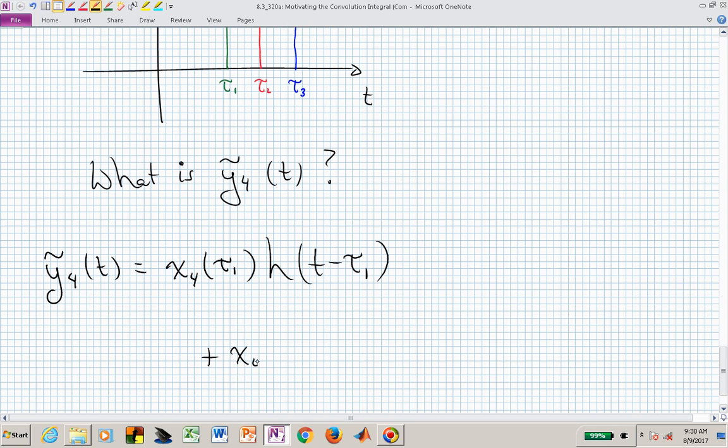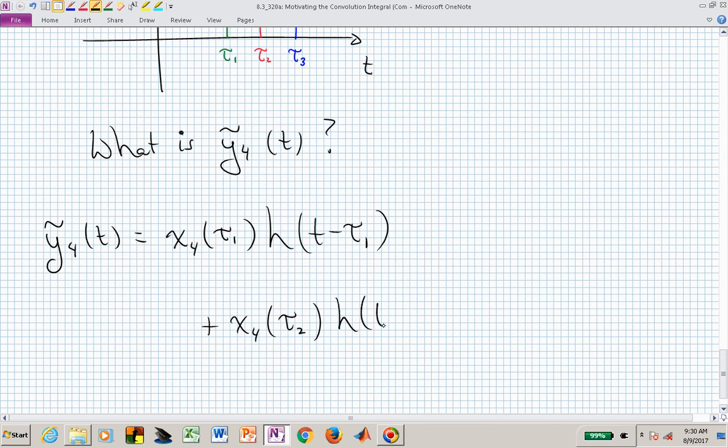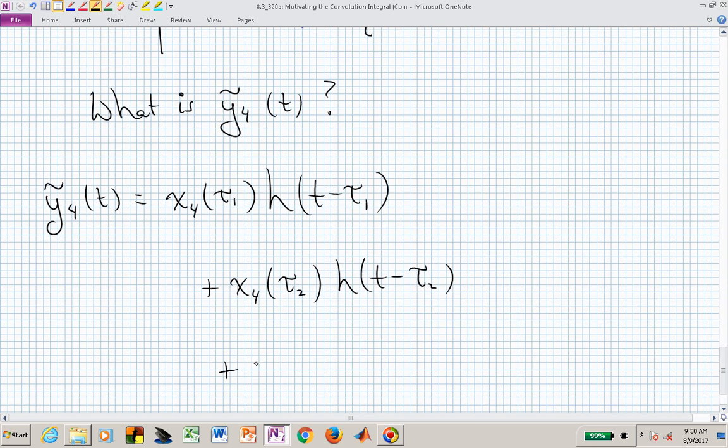Likewise, x sub 4 of tau sub 2, that's the red, is going to weight an impulse response that starts at tau sub 2. And finally, x sub 4 at time tau sub 3 is going to weight the impulse response that starts at time tau sub 3.